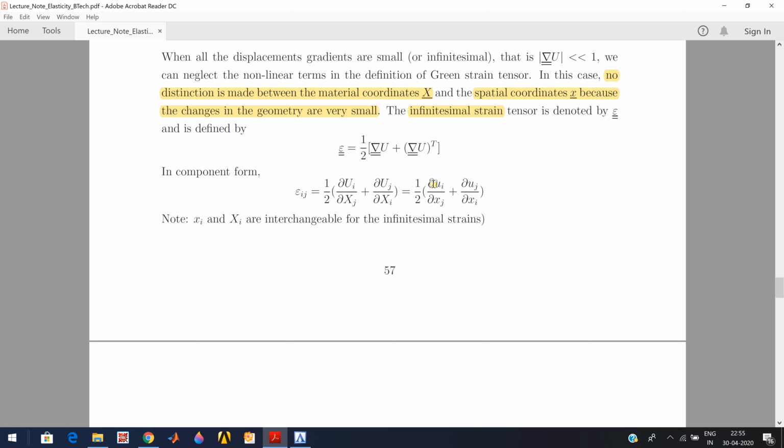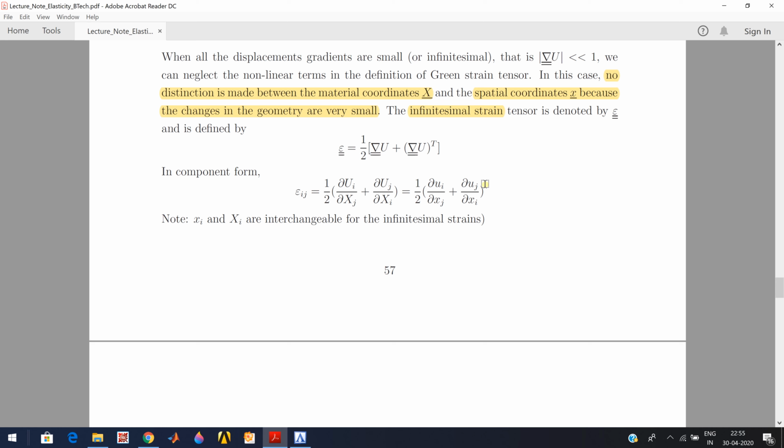And now you can see every capital U and capital X will be replaced in this definition of infinitesimal strains by the small u and small x, because there won't be any distinction between these descriptions, because the deformation is small.